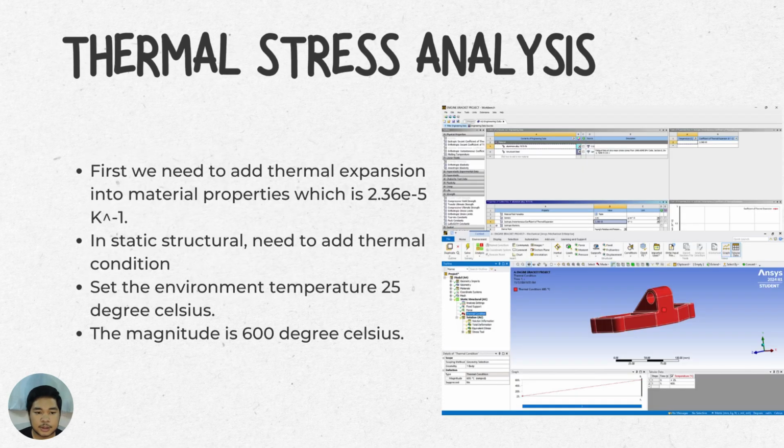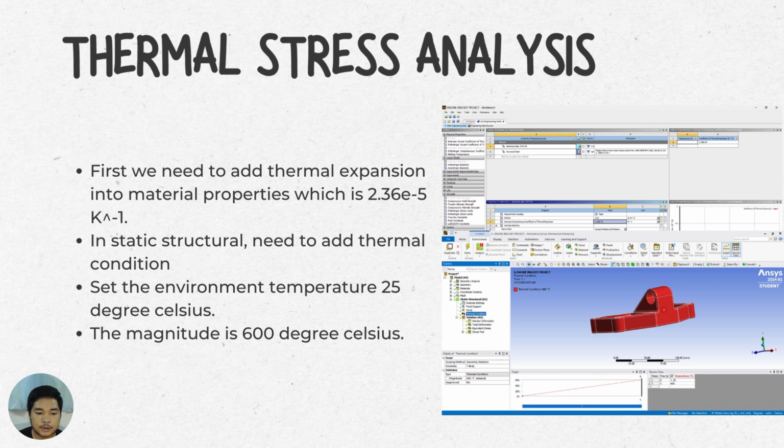To do thermal stress analysis, we need to add thermal expansion into the material properties, which is 2.36 exponent negative 5 per Kelvin. Next, in static structural, we need to add thermal condition.